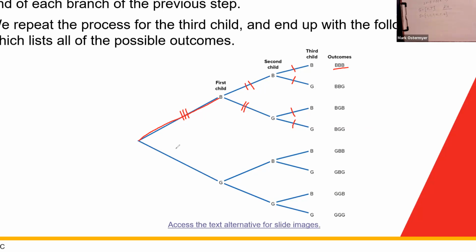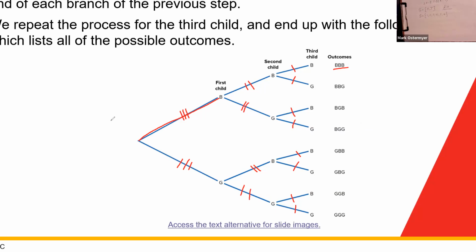Or a girl, girl, boy. Or a girl, girl, girl. All right, so notice there are 8 possible outcomes here.